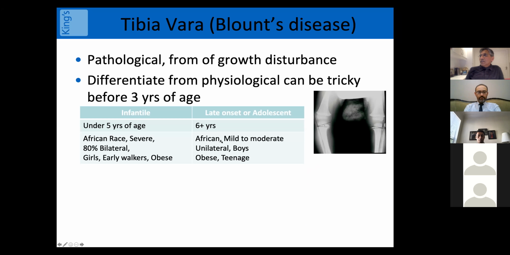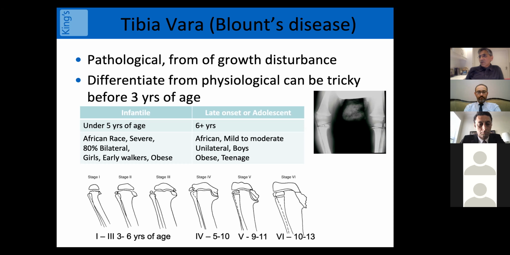The older ones are, again, mild to moderate. Boys are more common, unilateral, and apparently we're seeing more in America because of adolescent obesity. The Langenskiöld classification is well known, and it is time bound. As you progress towards the older age group, you see more advanced disease.